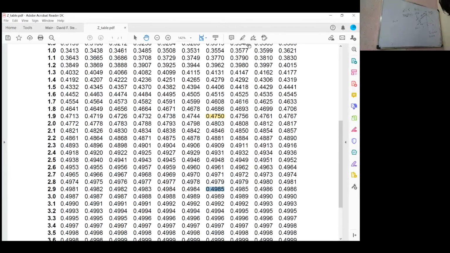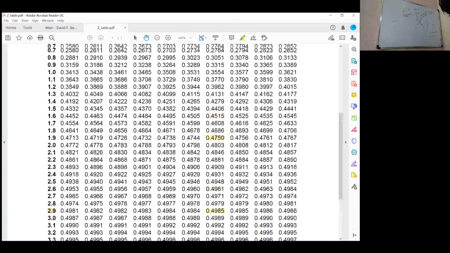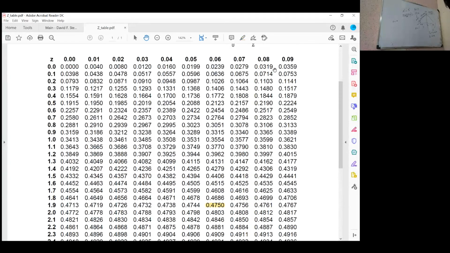Yeah, we are into this value. So there are two 0.4985, so you can choose any one of it. So it's against 2.9, and it's against 0.6 or 0.7.